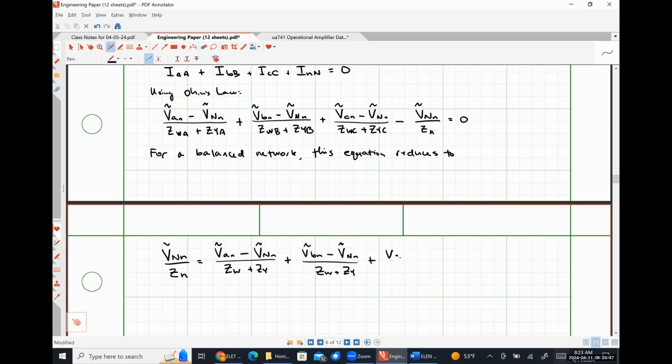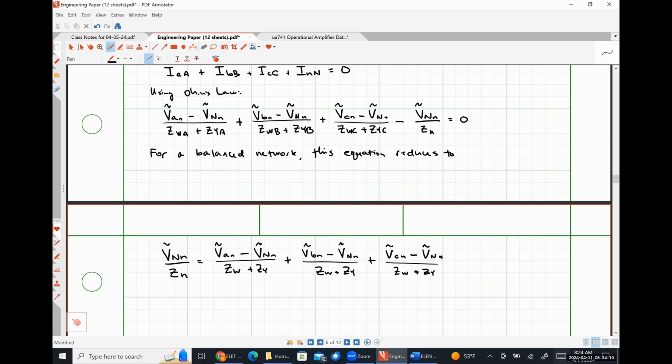plus VCN minus VNN divided by ZW plus ZY. And since I have a common denominator on the right-hand side, I could actually just lump all of those terms together.